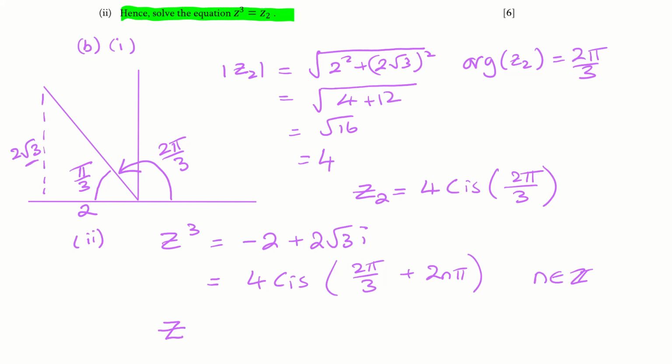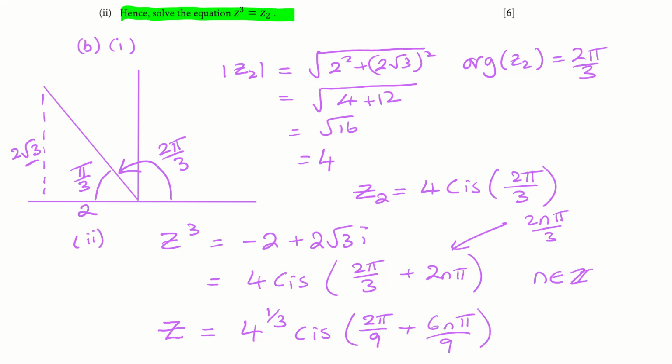Using de Moivre's theorem, z then is going to be 4 to the 1/3, the cube root of 4, cis, so we take the cube root of the modulus, but we divide the argument by 3, so that gives me 2 pi by 9, and then it will give me 2n pi by 3, which I'll write as 6n pi by 9, so I have the same denominator.